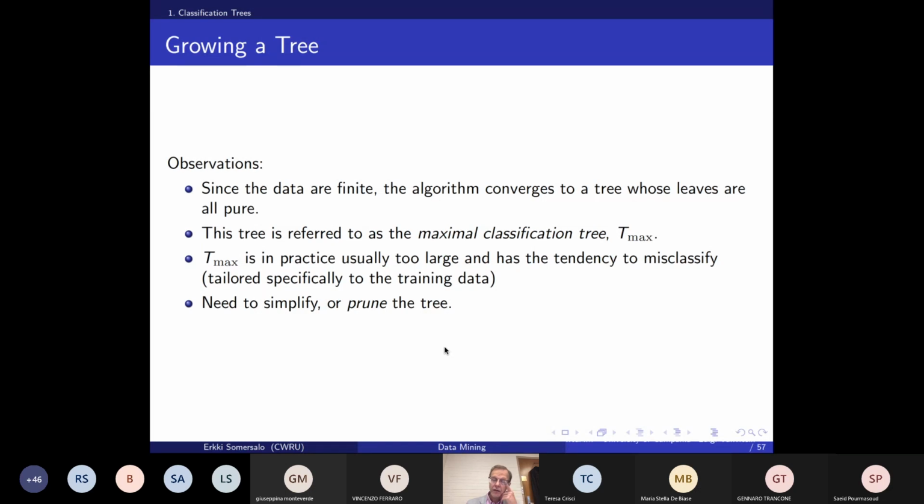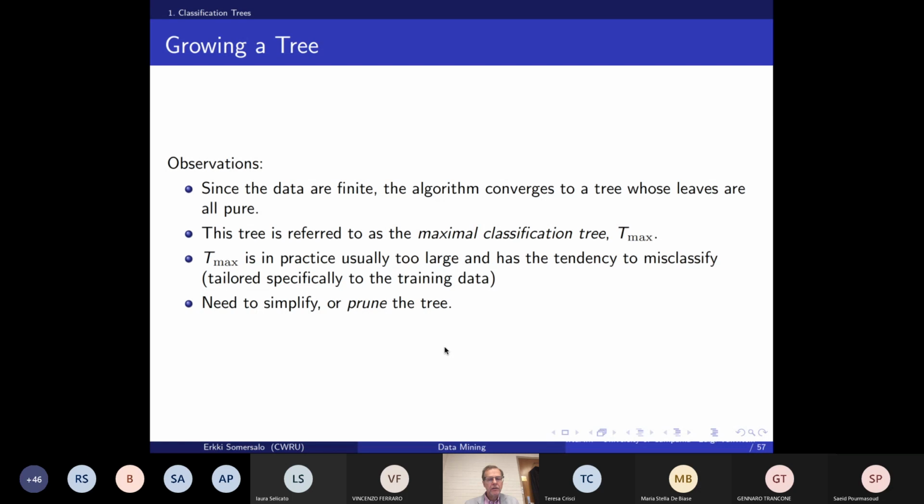That means that at the end you have only pure leaves, and each leaf contains data points belonging to just one single class. So there's no ambiguity when you are using that tree for classification. This tree that you get using this algorithm is called a maximal classification tree. It's called Tmax. So that's a large, possibly really large tree, and so it may be very heavy to use.